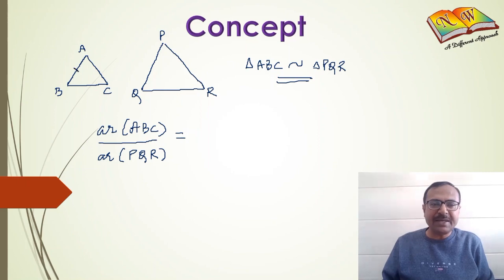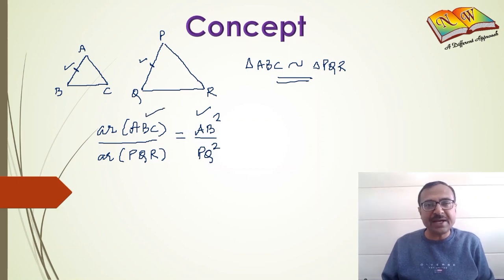Let's take AB in this case, then you'll have to take PQ because they are corresponding sides. If you take the ratio of the squares of AB and PQ, then this ratio will always be equal to the ratio of areas of the two similar triangles.